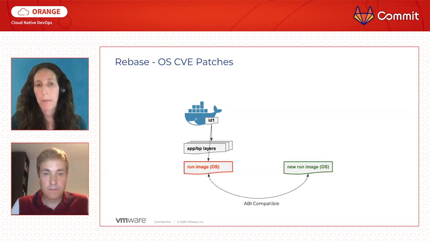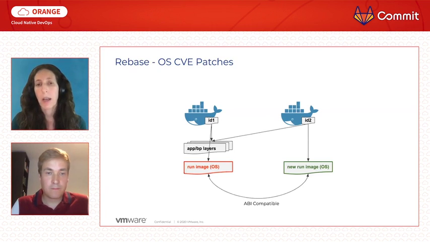So with an OCI image, the OCI image is represented by a manifest that has pointers to these various layers. And so with a rebase operation, you get a new image, a new manifest file, which has its own new SHA, but the pointers in that new manifest are pointing to the same application or buildpack layers as the previous image, and only the pointers to the run image are updated.